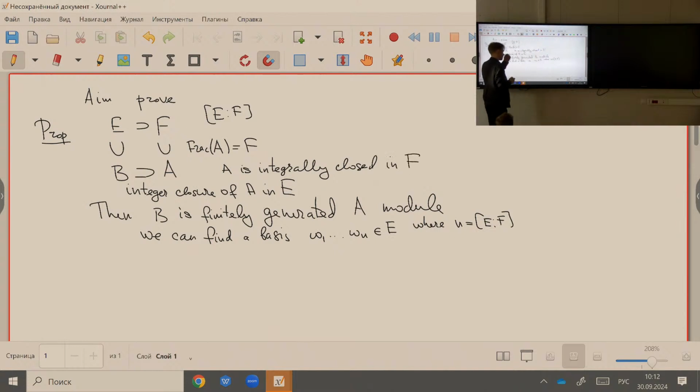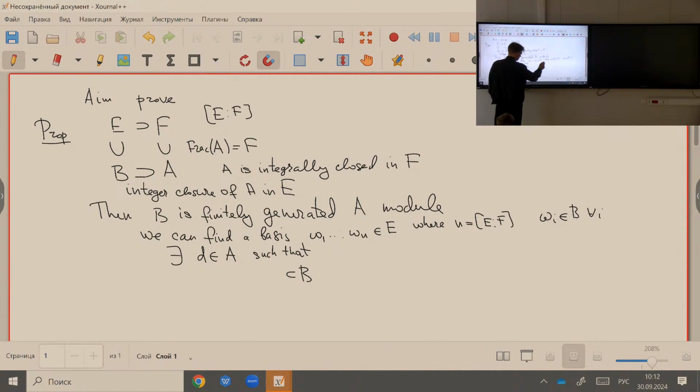So we can find the basis such that we can bound B. Moreover, omega i belong to B for any i, and there exists some d that belongs to A such that we can bound B by the following.